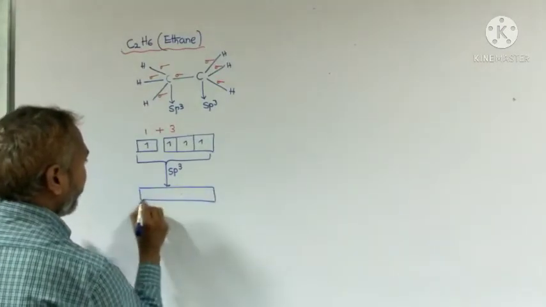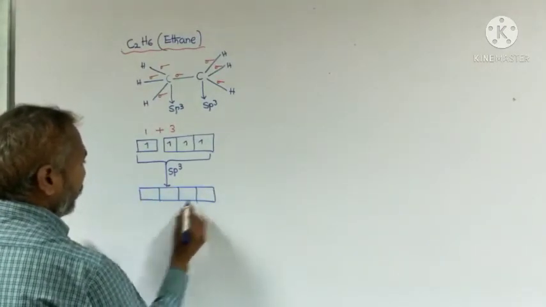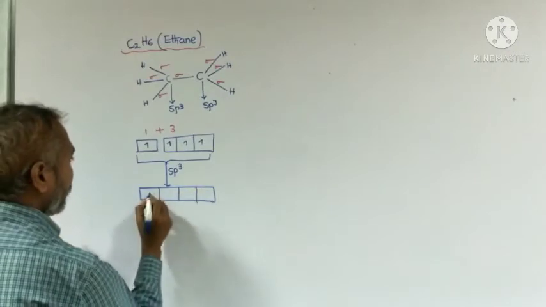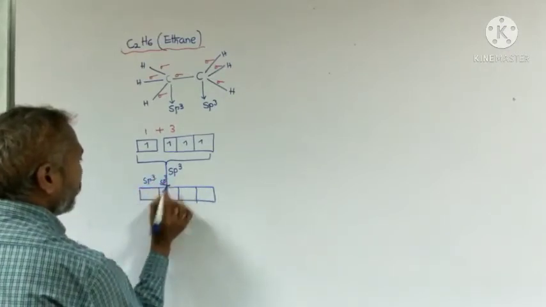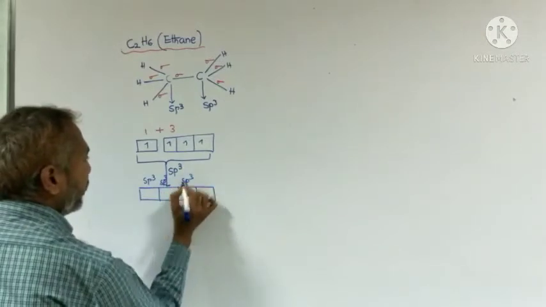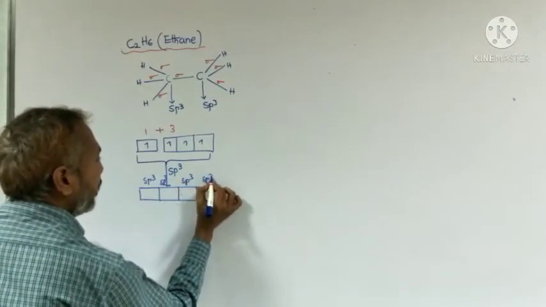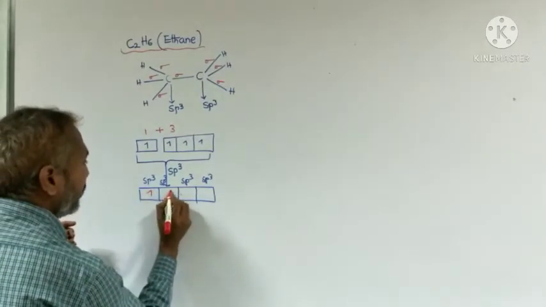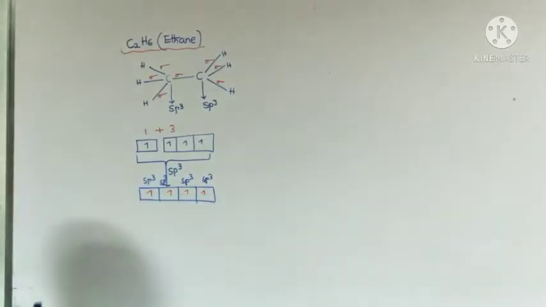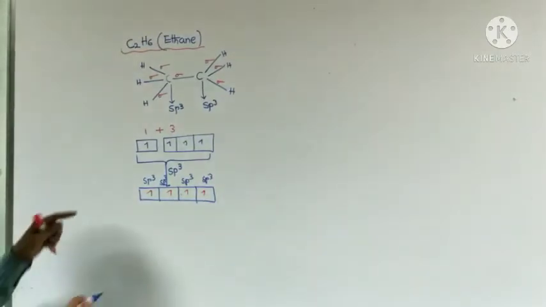Each is an sp3 hybrid orbital, and all contain unpaired electrons. This is the C1 carbon.